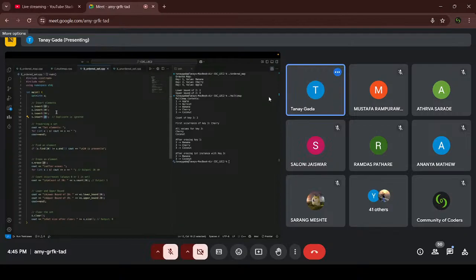And similarly, we have ordered set where the elements are sorted, similar to ordered map, and its time complexity is log n.